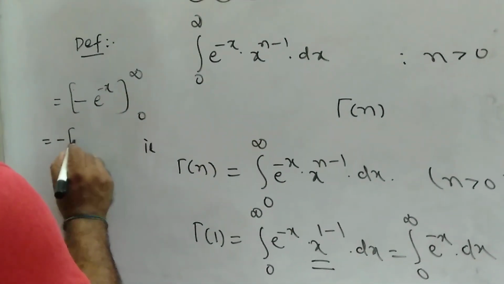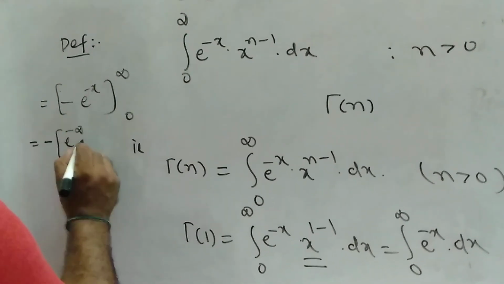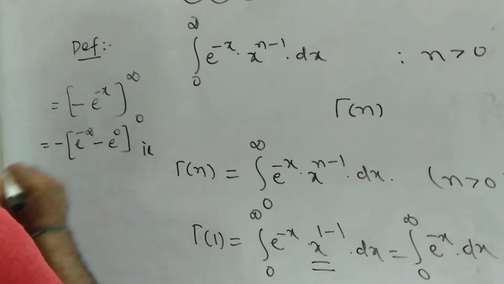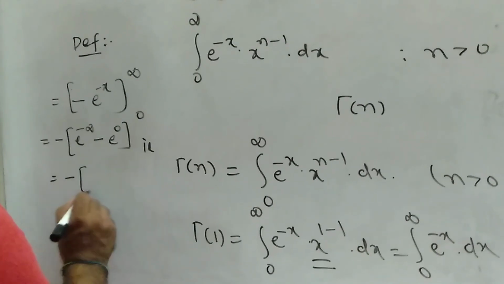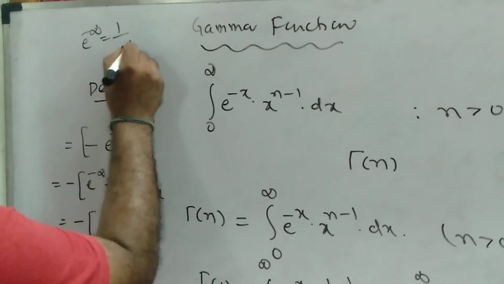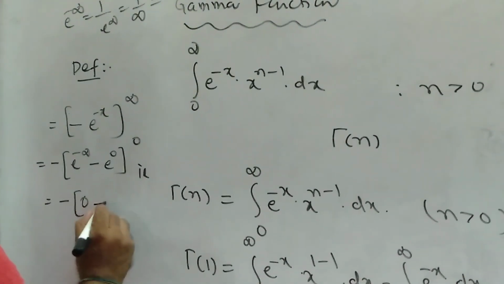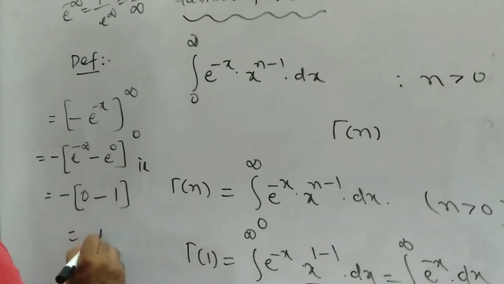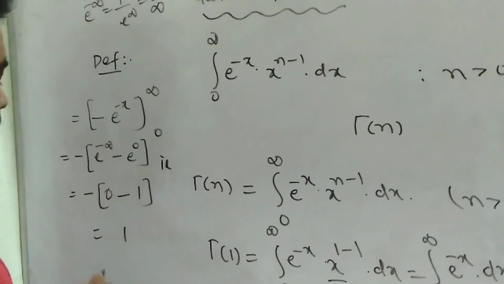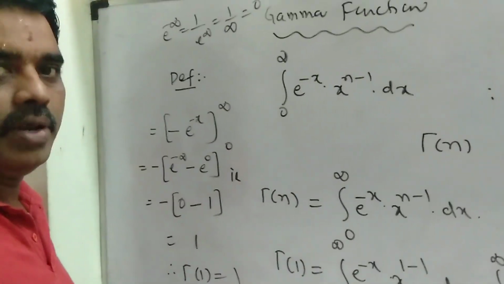The upper limit is e power minus infinity, minus e power 0. The e power minus infinity value is 1 by e power infinity, that is 1 by infinity, that is equal to 0, and e power 0 is 1, so the value is equal to 1. Therefore gamma of 1 is 1.